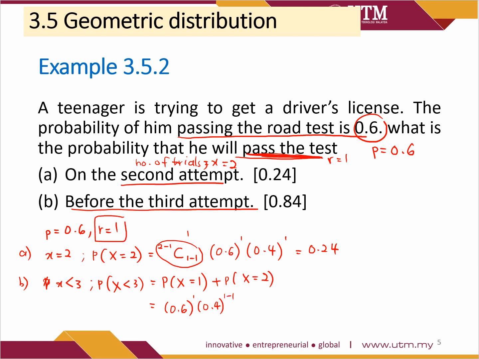Then for the second one, 0.6 to the power of r times 0.4 to the power of x minus r, 2 minus 1. The first one is 0.6 plus 0.24, which is 0.84. We cannot consider x equal to 0 because x is the number of tries. If the number of tries is 0, it means that we never tried the experiment.